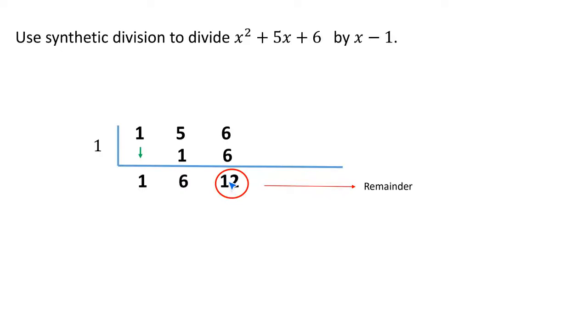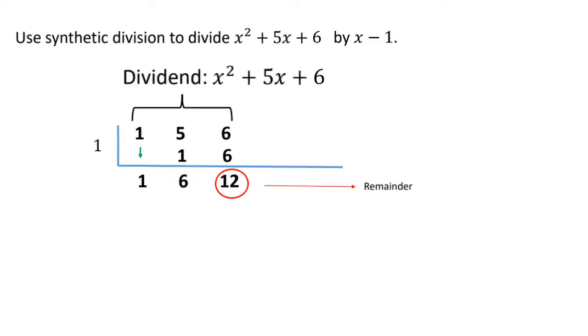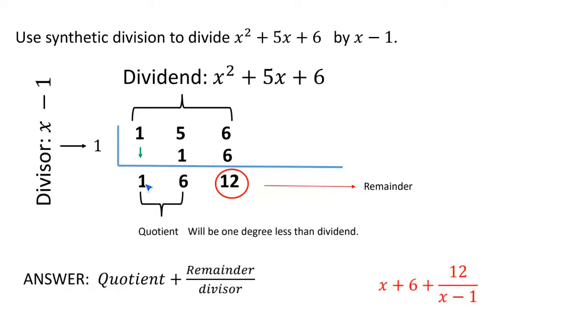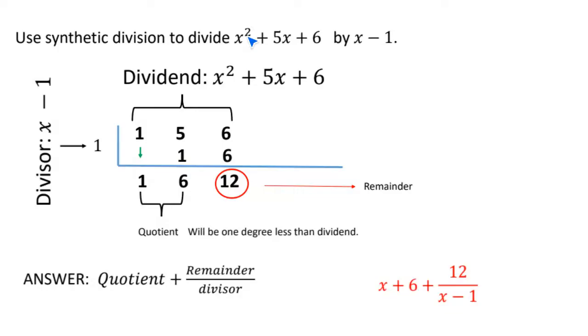So our remainder is going to be the 12. And the numbers to the left of that is going to be what makes up our quotient. Okay, so our quotient here is going to be 1 degree less than our dividend. So if you notice here, our dividend the degree was a 2. So our quotient is going to start with 1 degree less.